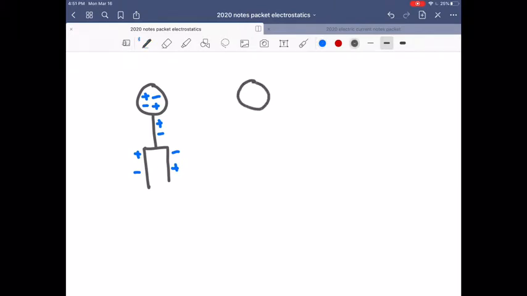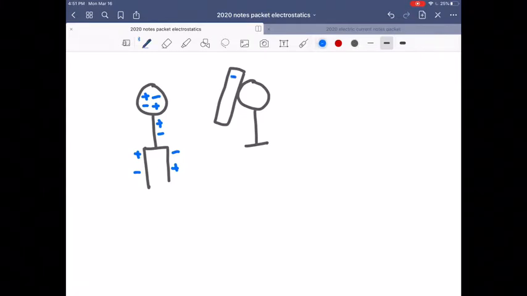Okay, and then since we're charging by contact, the rod would touch the electroscope. Okay, let's say we had a negatively charged rod. And if you remember, a negatively charged rod would be a rubber rod rubbed with fur.